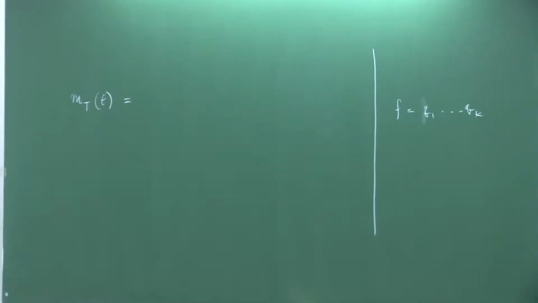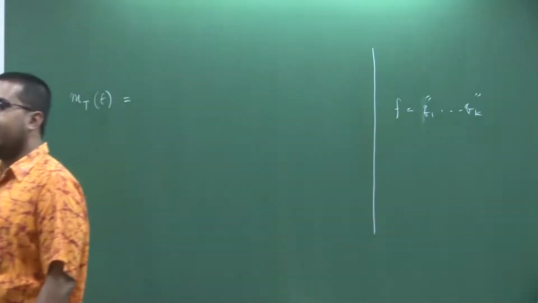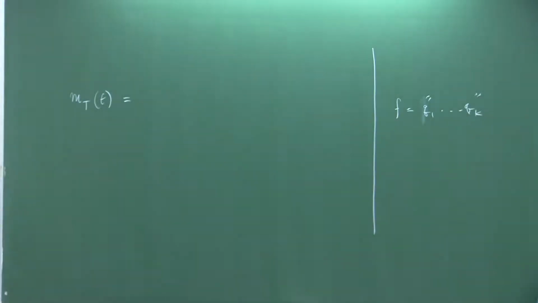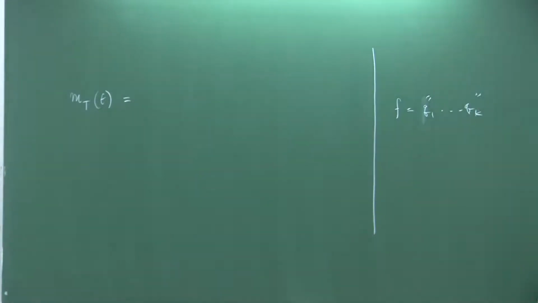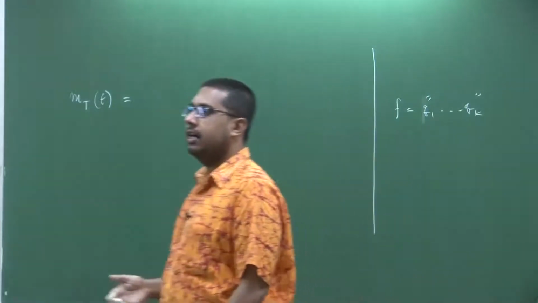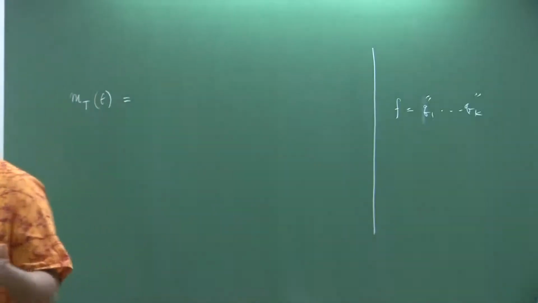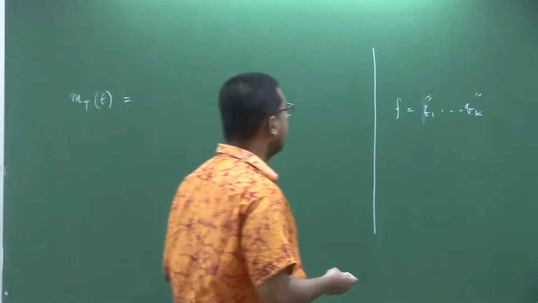We call these the irreducible factors of f. How do you prove the existence of such a factorization? That proof goes almost along the same line as that for integers. If f is irreducible we are done, otherwise f will have factors. So, we will take the least degree non-constant factor.